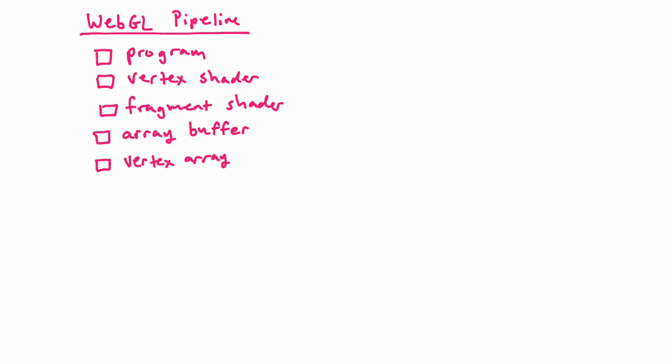In other words, we're going to tell OpenGL how the memory buffer is laid out. Optionally, we can set up our uniform variables, and these are applicable to the shaders.